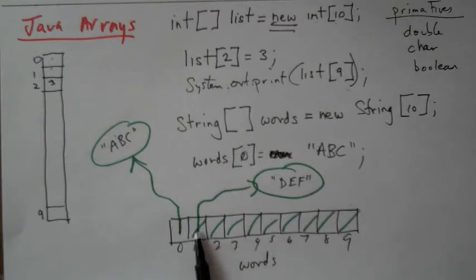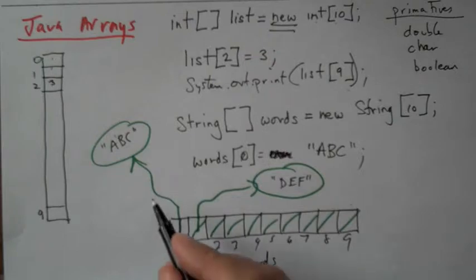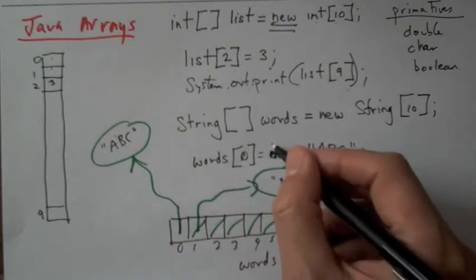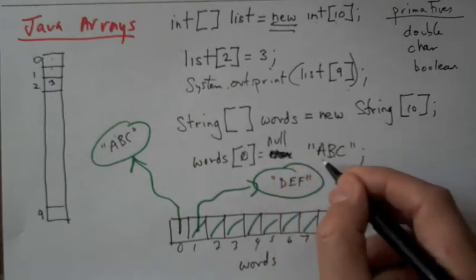So there can be no holes, so that this would shuffle down to there. In an array, that doesn't work, which is good for most purposes that we want to use an array for. So if we dereference that by setting words sub 0 equal to null, right?